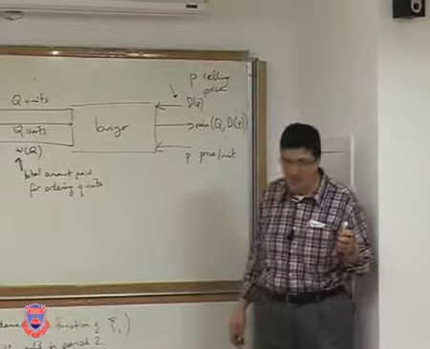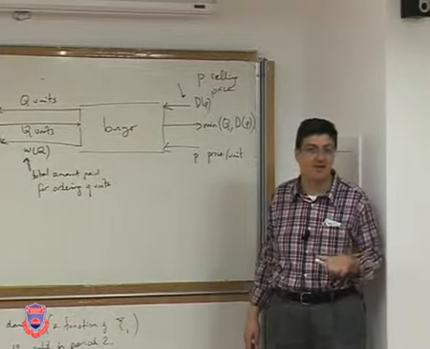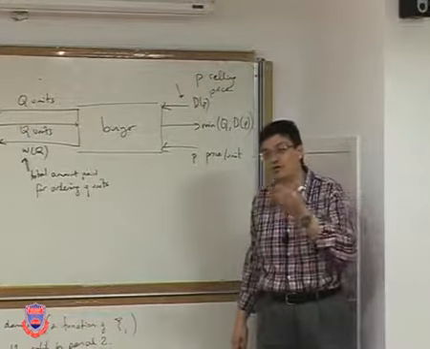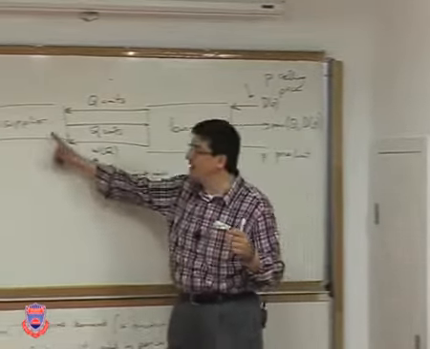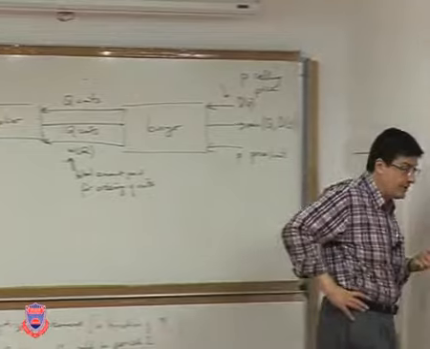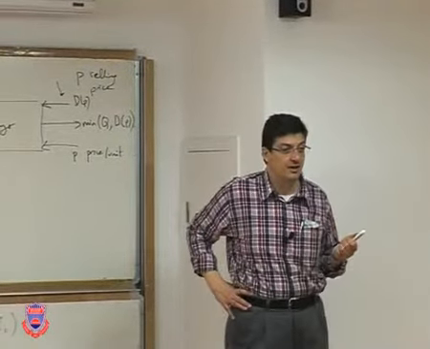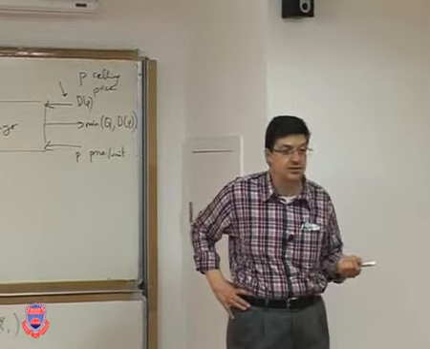For example, what happens if the supply is uncertain? Okay, we didn't talk about those types of problems, but there are certain cases where the quantity which is going to be supplied by the supplier is uncertain. What are the reasons for this uncertainty?